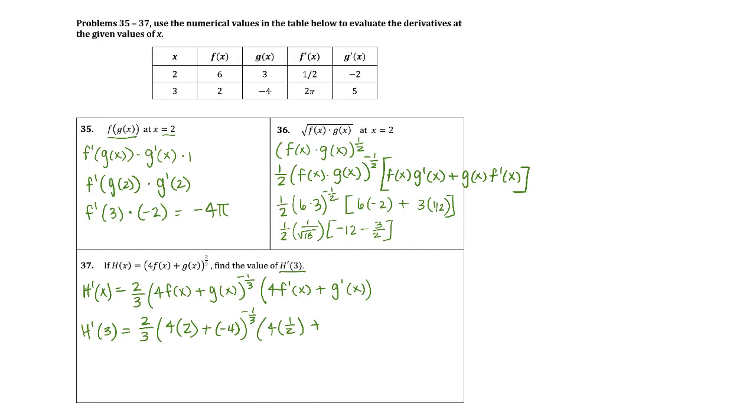And times g prime at 3. G prime at 3 is going to be 5. Oh, and this isn't half. I wish you would fix these. All right, so instead of that, I have to go back and look. I think y'all's is 2 pi there, f prime at 3. It's 2 pi on my version. And again, let's just leave it like that. Don't do any differences to it.